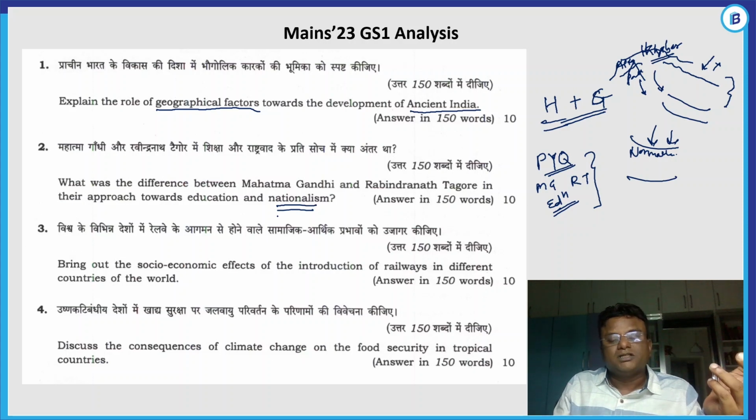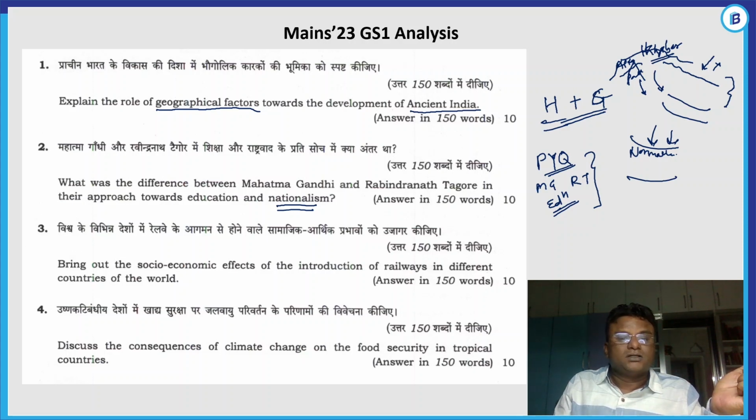I'm sure that all of you know about Mahatma Gandhi a lot, and his idea of nationalism as well as his thoughts on education, but there is a possibility of some of you not knowing that much about Rabindranath Tagore's philosophy or ideology on these two areas. But then, he established Shanti Niketan. He was more modern, or more inclined towards Western type of education. So you can weave a story around that if you are not aware about it.